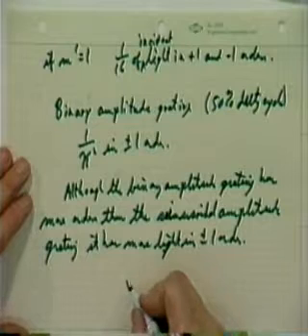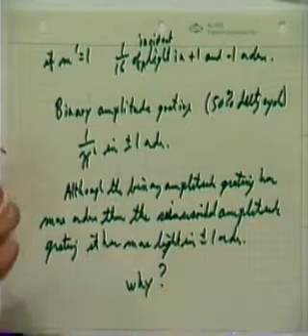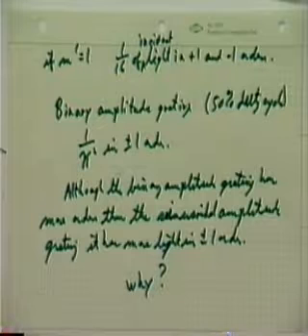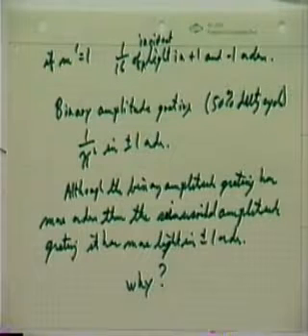So the question might be, why is this true? Why do we get more light in the first order even though we have more orders? Does anyone want to make a guess?